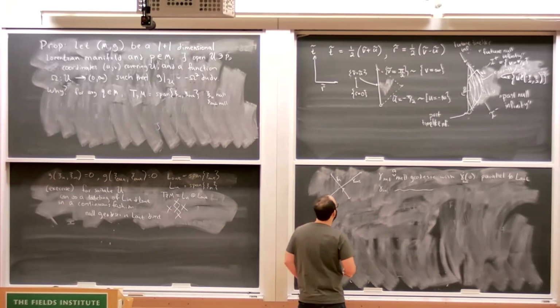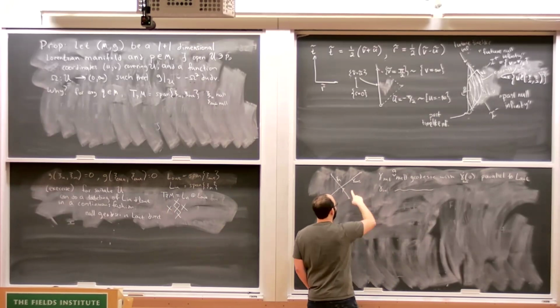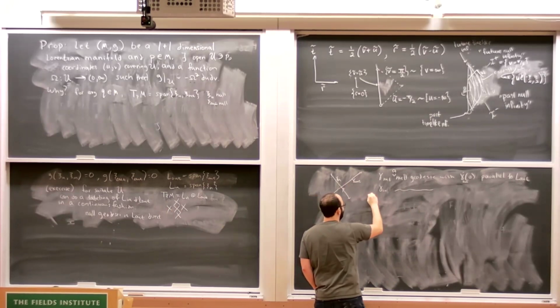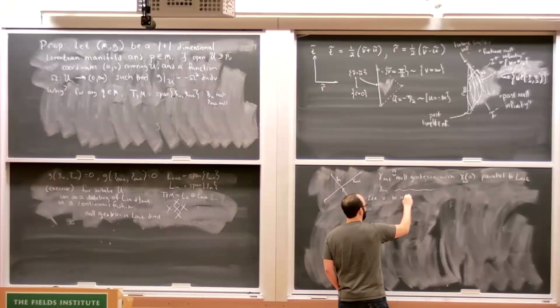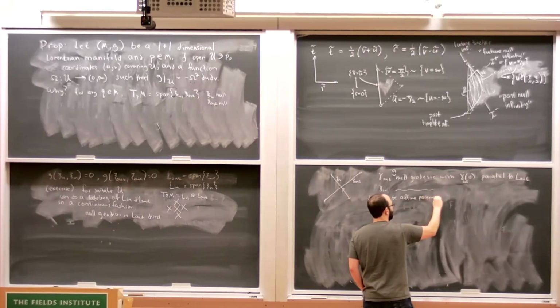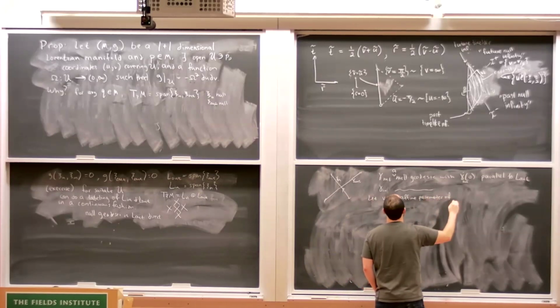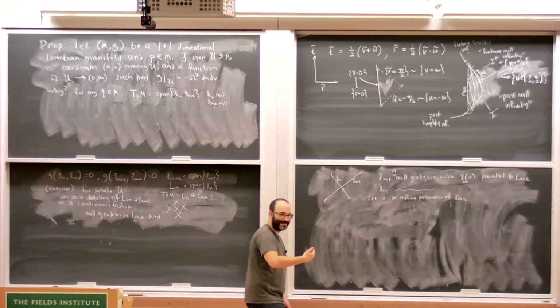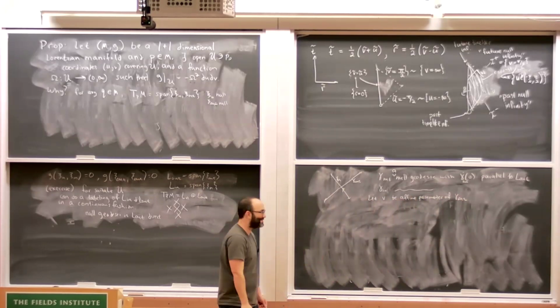Now I can also introduce some affine parameter along them. Let's give a label to the affine parameter. Let V be the affine parameter of gamma out. By affine parameter, I just mean the time function that solves the geodesic equation.